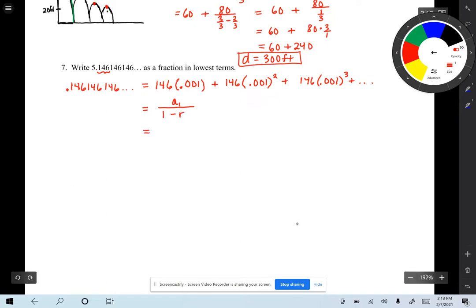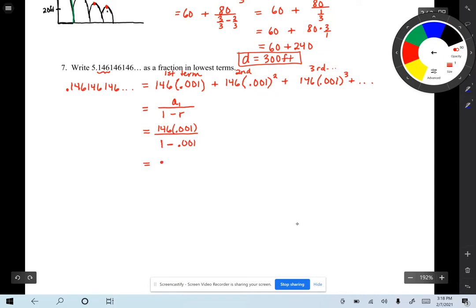We know a sub 1, the first term, this is our first term. That's our second, third, so on. Okay, so first term is 146 times 0.001 divided by 1 minus our common ratio, and our common ratio is 0.001.